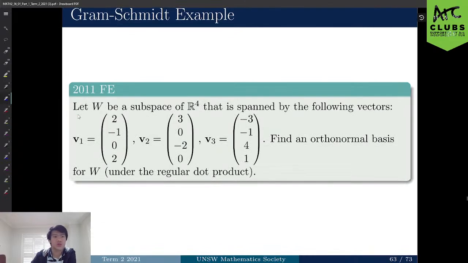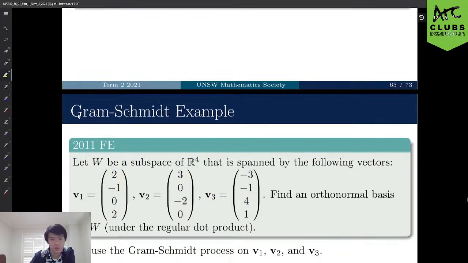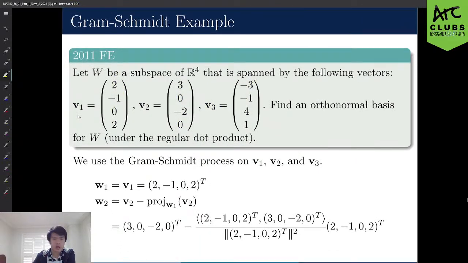Alright, so we'll put this into practice. Let's do the Gram-Schmidt process on these 3 vectors. These are our V's, and now we're going to try to find our W's first. So W1 is just going to be V1. We're happy with that. But we're not so happy with V2, because it might not be orthogonal. So we take V2, and we subtract its projection onto W1.